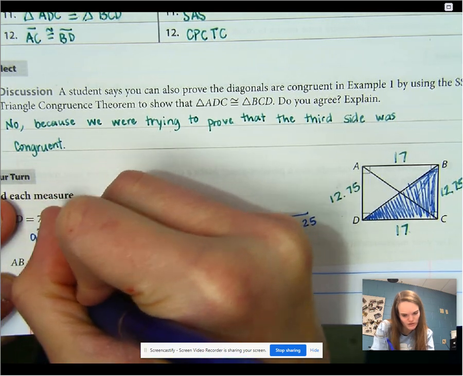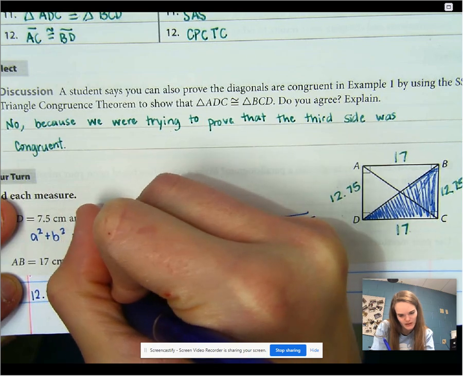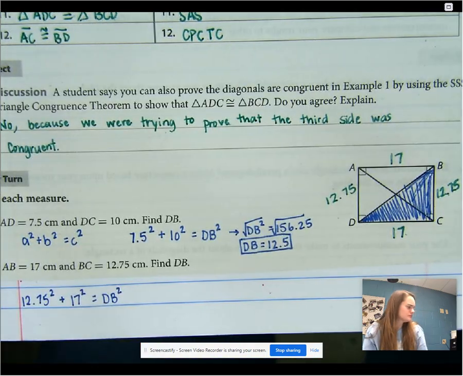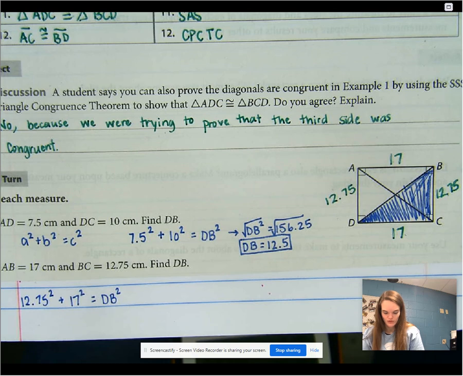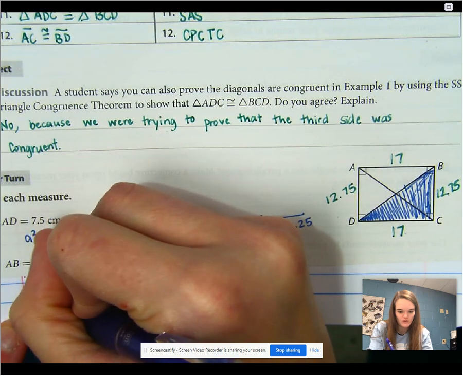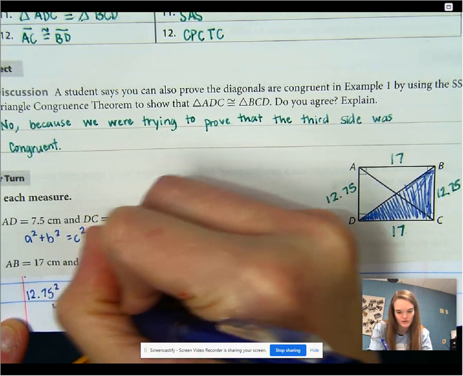12.75 squared plus 17 squared equals DB squared. 12.75 squared plus 17 squared is, and don't round, 451.5625.